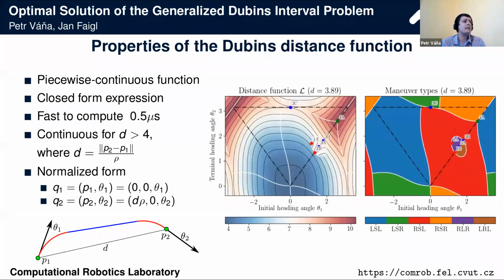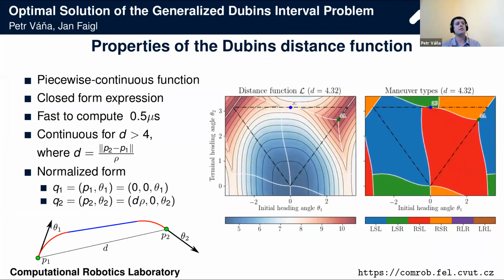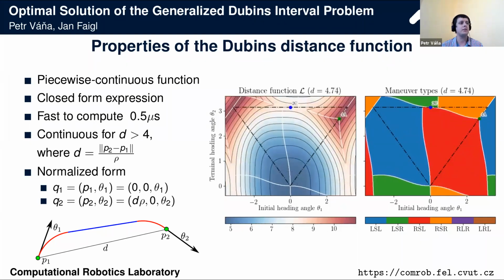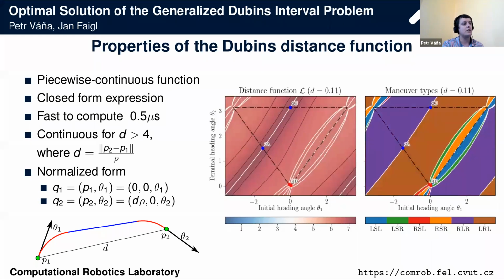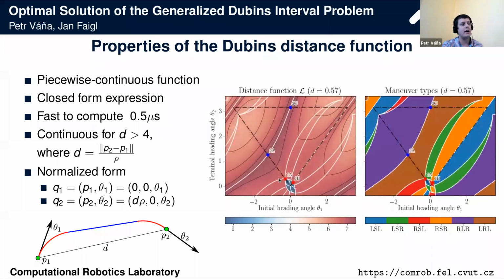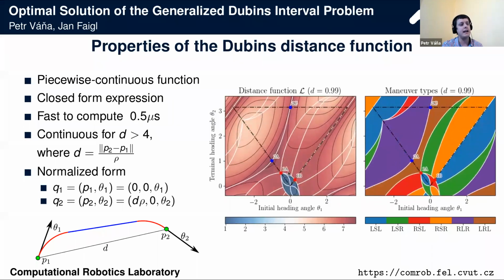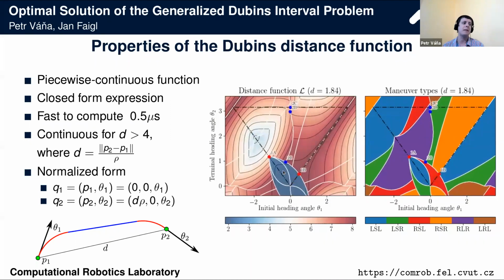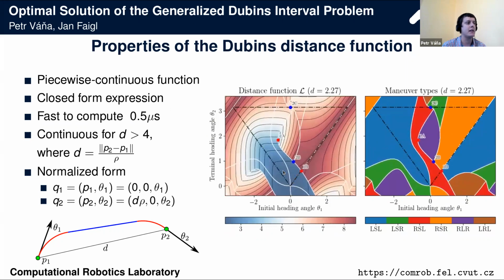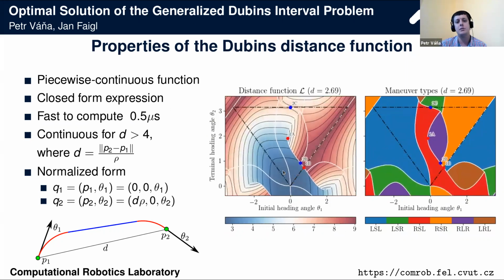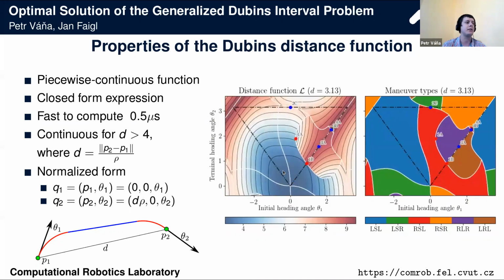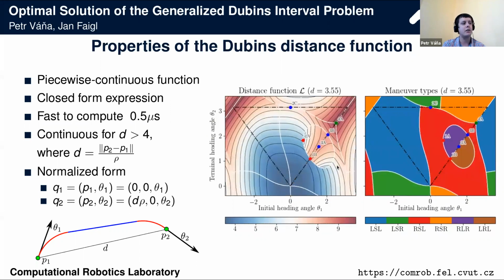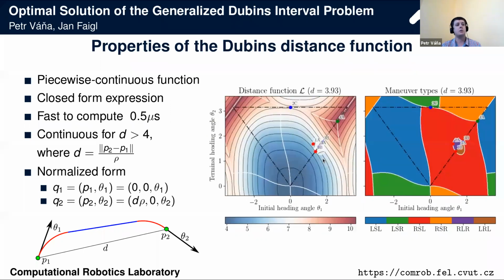And you can see that if the animation starts from the 0 distance, you will see a small blue part here, and there is the discontinuity that makes the function problematic. And once we get to distance 4 times the minimum turning radius, this part of the discontinuity just vanished.